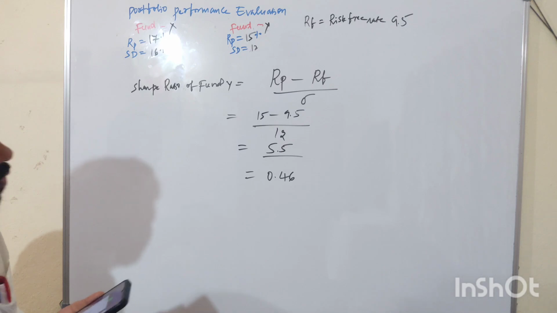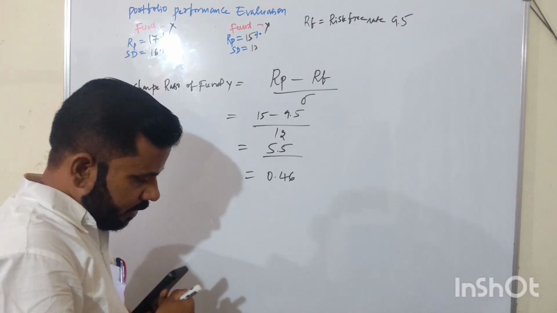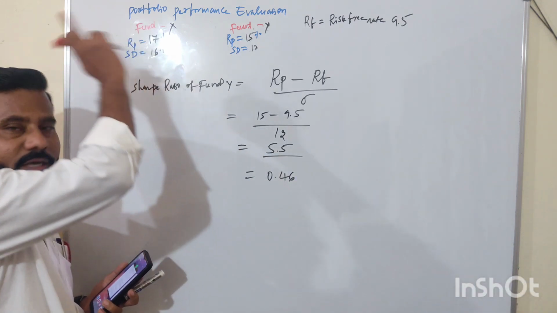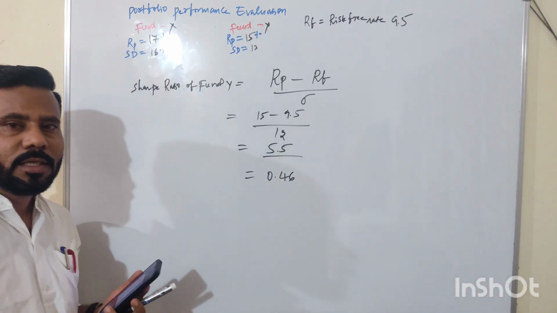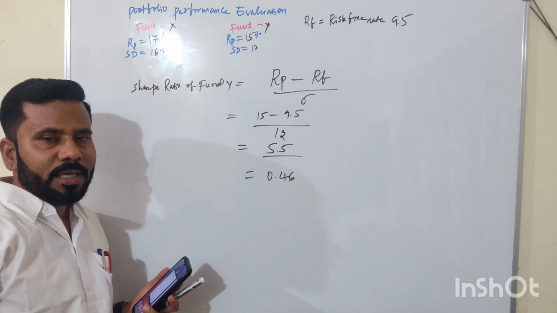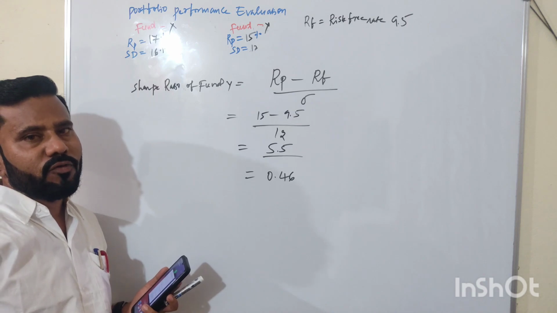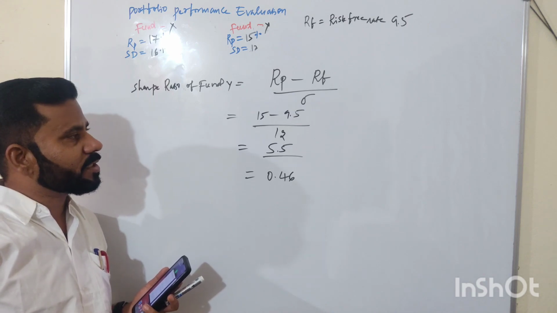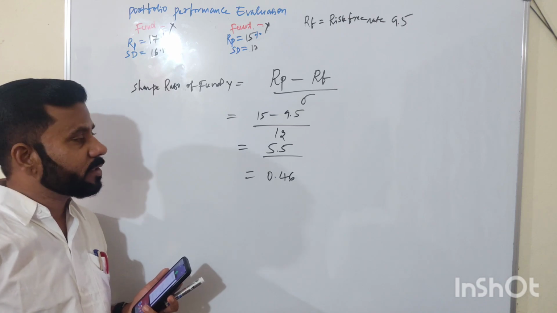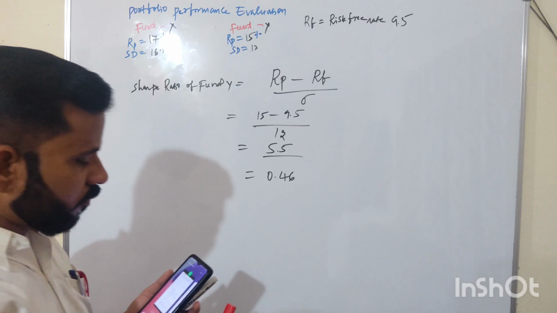The earlier answer, the Sharpe ratio of portfolio X, was 0.47, right? And this answer is 0.46.